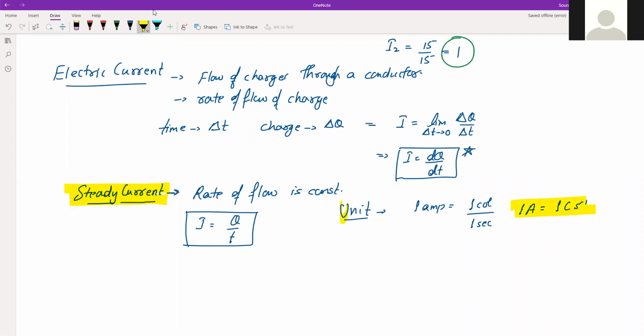That is its unit. Ampere is one basic SI unit. In SI units, we have around 7 basic units, so ampere is one of them. And we'll also define this 1 ampere current in a different way when we study magnetism. That is later.